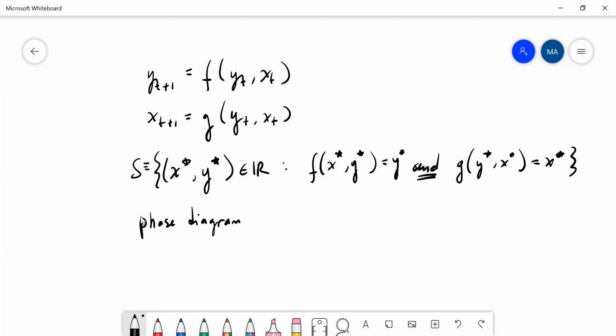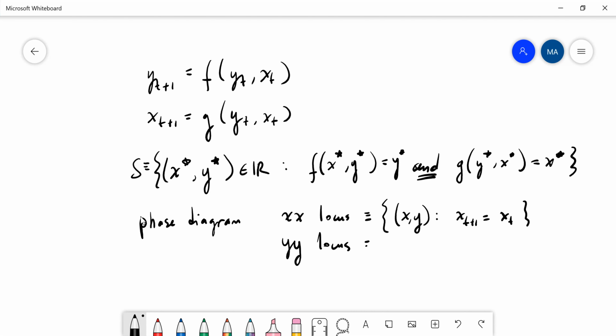In the phase diagrams, what you are looking for is the XX locus first. The XX locus is like a set itself, right? So it's again XY pairs such that X(t+1) equals X(t), and the YY locus is again pairs of X and Y such that Y(t+1) equals Y(t).